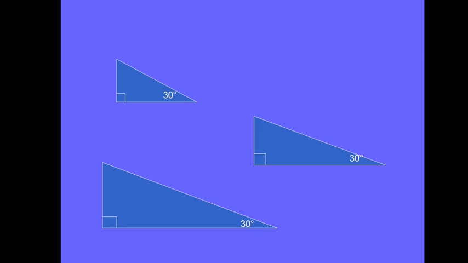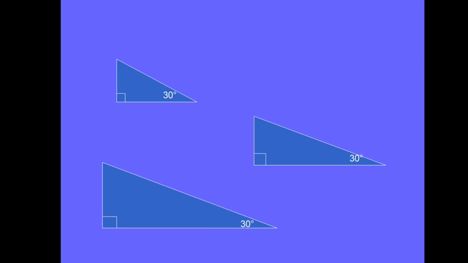On the screen, all three are right angle triangles where one angle of each triangle is 90 degrees and one angle is 30 degrees. In that case, we can say that the remaining angle in all three triangles is 60 degrees.